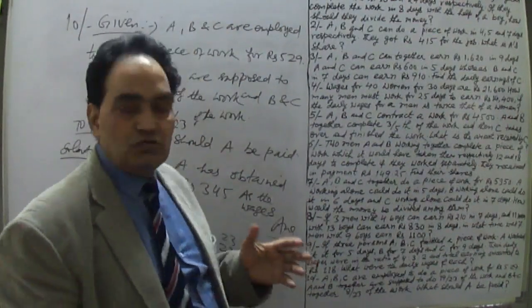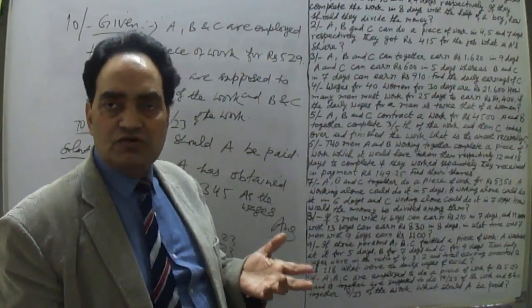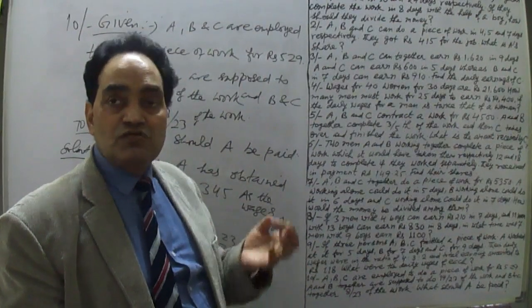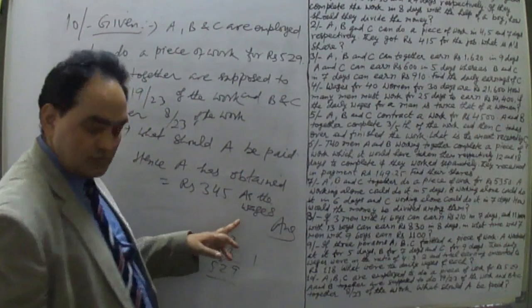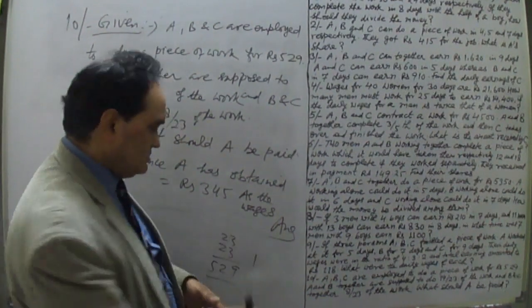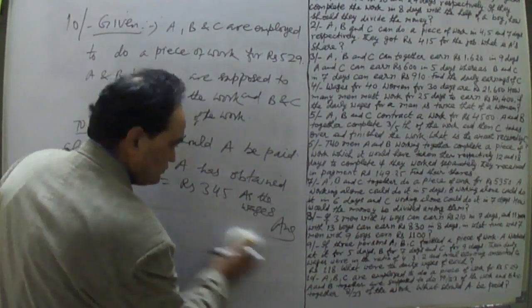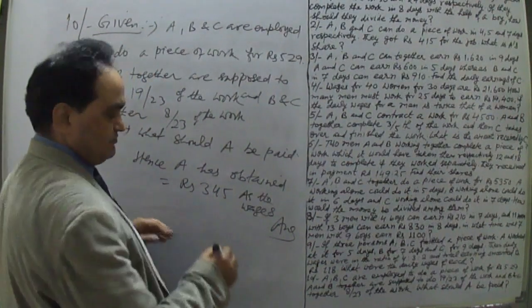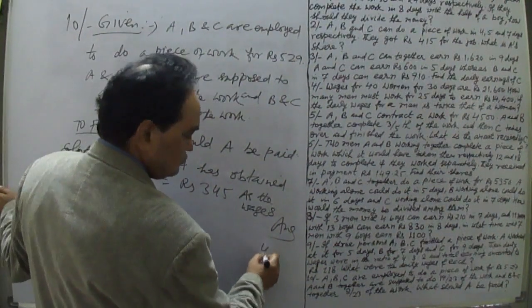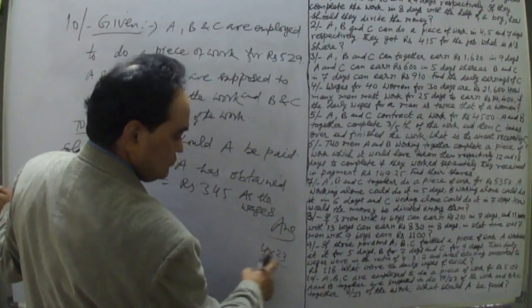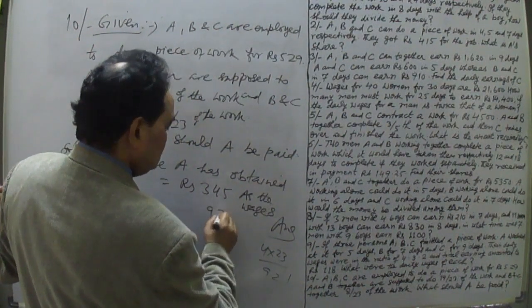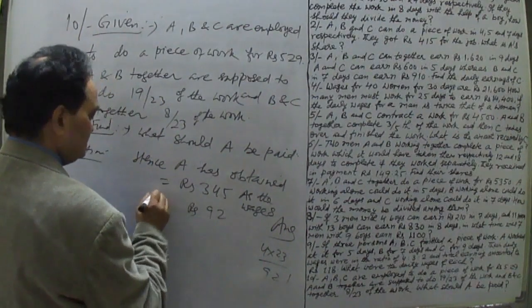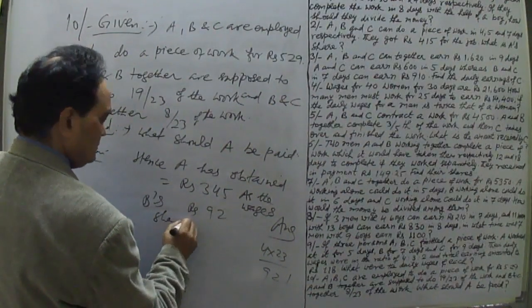Similarly, we can find B's money or the amount he has obtained. 4 into 23. So the remaining money, 345 A has obtained, and B will obtain 4 into 23. 4 times 3 is 12, 2 and 1 carry, 4 times 2 is 8 and 1 is 9, 92. 92 rupees is B's share.